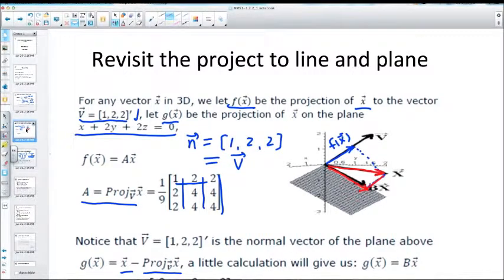Now for the second projection, you project it onto the line perpendicular to the plane. That's the normal vector. Of course, in that case, this whole shadow will become a point on the line. And which point is it? The point is 0, 0, 0, the origin. So in other words, whatever X you choose, if you do it this way, you always get a 0.